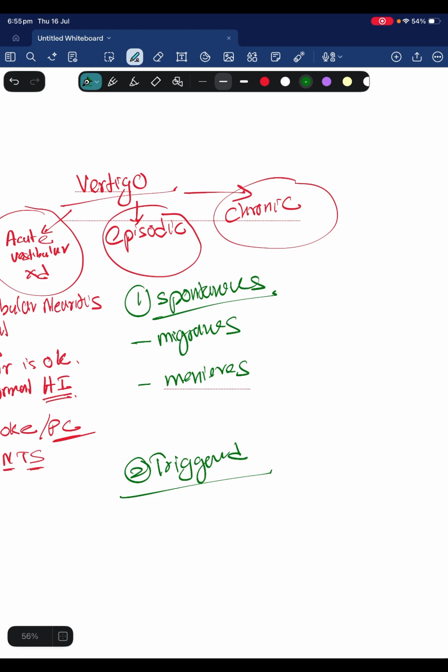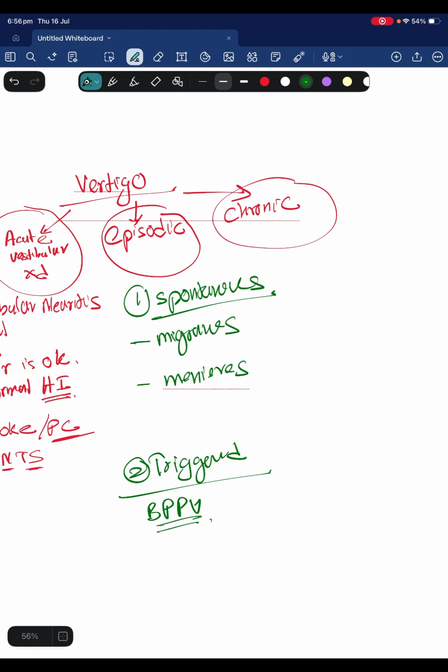The vestibular migraines will have the migraine history and the features of migraine, and then the Meniere's disease would have a lot of ear symptoms, ear fullness, tinnitus, hearing loss, things like that, right? And then moving on to triggered episodic vestibular syndrome, that is the one that we all know, that is BPPV, right? So that was easy.